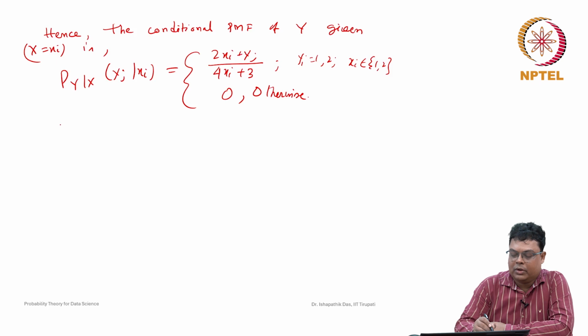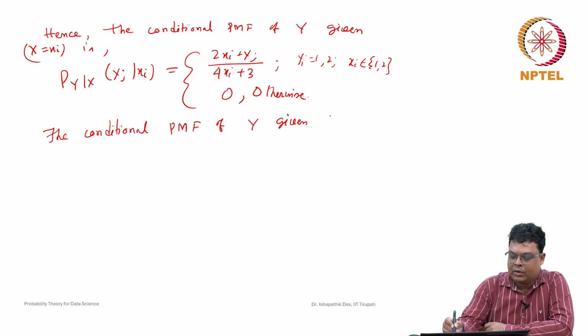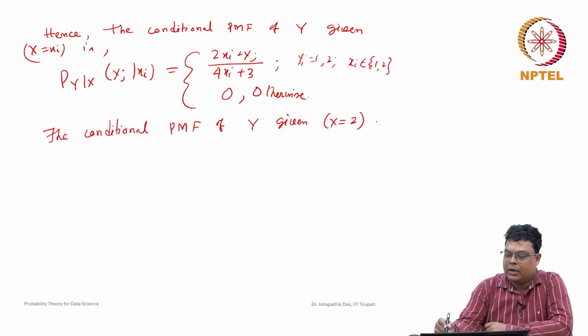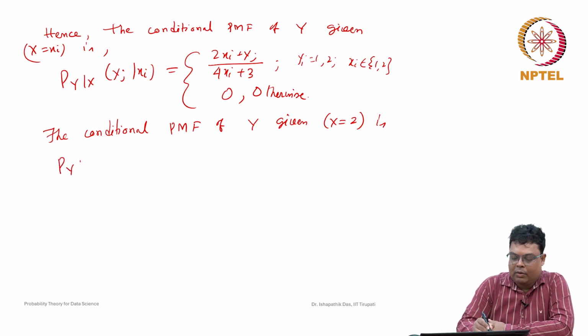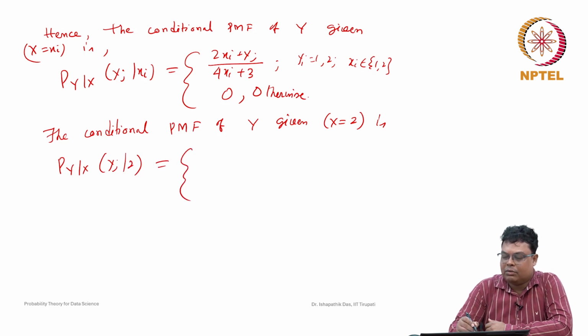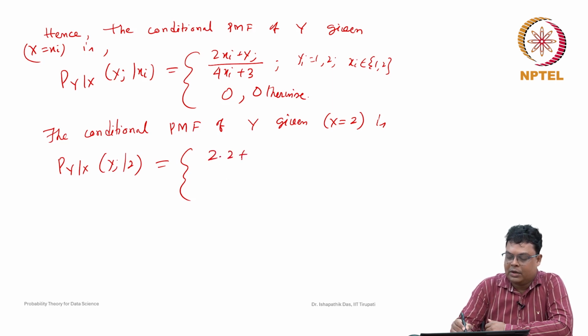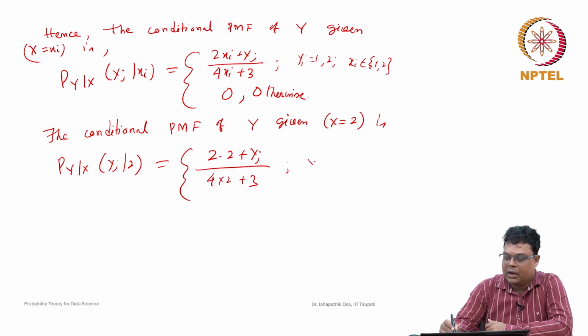Hence the conditional probability mass function of y given x equal to 2 is given by p of y given x, yj given xi equal to 2. We put 2 here: (2 times 2 plus yj), that is (4 plus yj), by (4 into 2 plus 3), whenever yj is 1 and 2, and 0 otherwise.